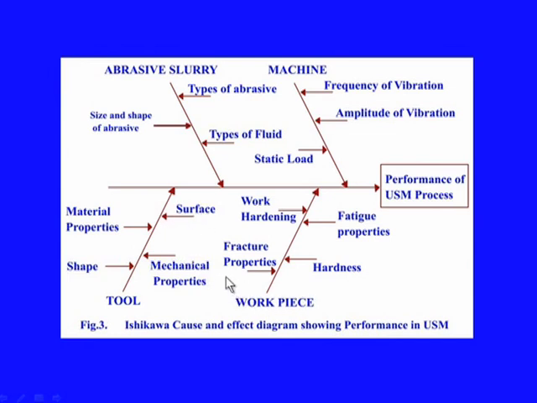Then workpiece related parameters are like work hardening, then fracture properties, hardness etc. These process parameters that affect the performance of USM can be arranged in these 4 categories: abrasive slurry, machine, tool and workpiece based parameters.